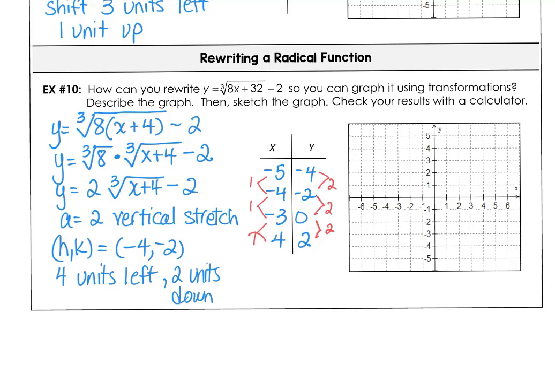So our cube root is going to look like -4, -2, and then -3, 0, and -5, -4. So you see that movement of 2 up and 2 up, but then we moved 7 units over to get there. So our graph is going really far like that.